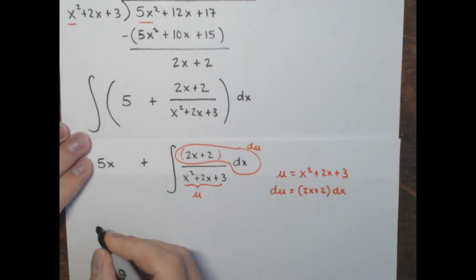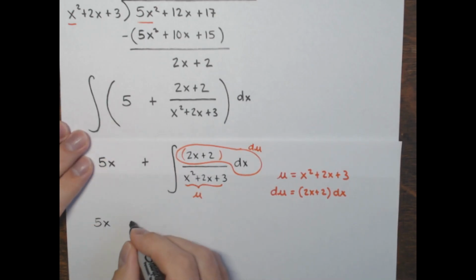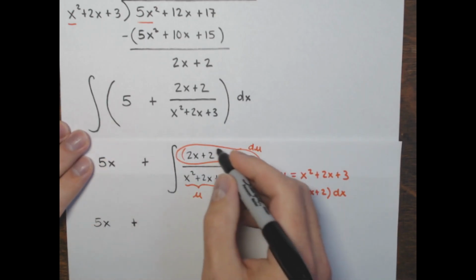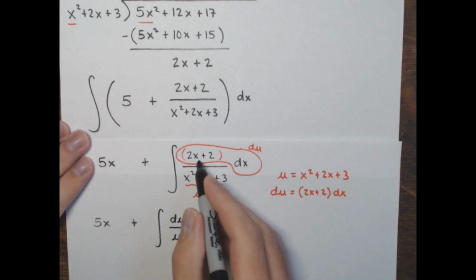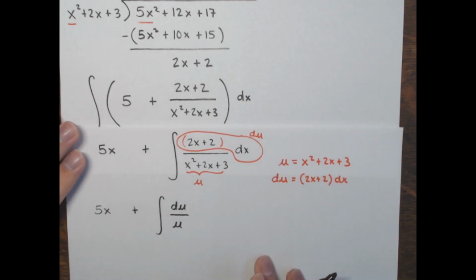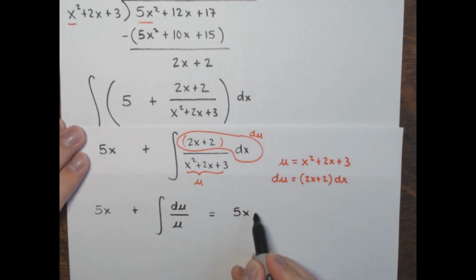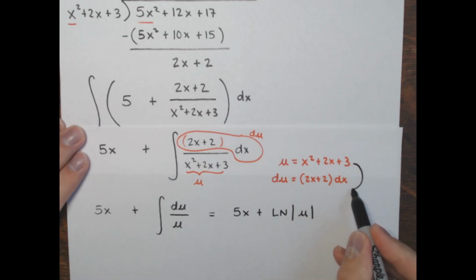So I'll write that out. We got 5x initially, that was the integral of just the quotient. And then I changed this to an integral in terms of u of just du over u, because the derivative of the denominator was the numerator. And that's just a simple natural log of the absolute value of u. So we have 5x plus the natural log of the absolute value of u, but then remember what u was and put it back.